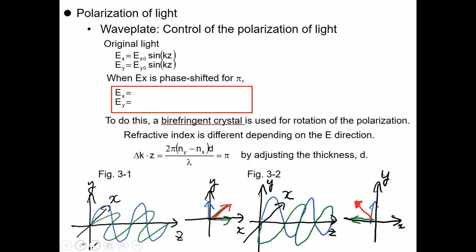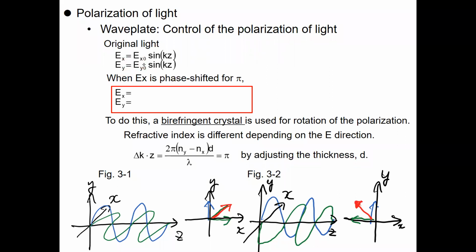As we studied already, light has electric field oscillation in one direction. When the light propagates, the electric field oscillates. If you have an electric field in the XY plane, it is somehow a mixture of EX and EY.